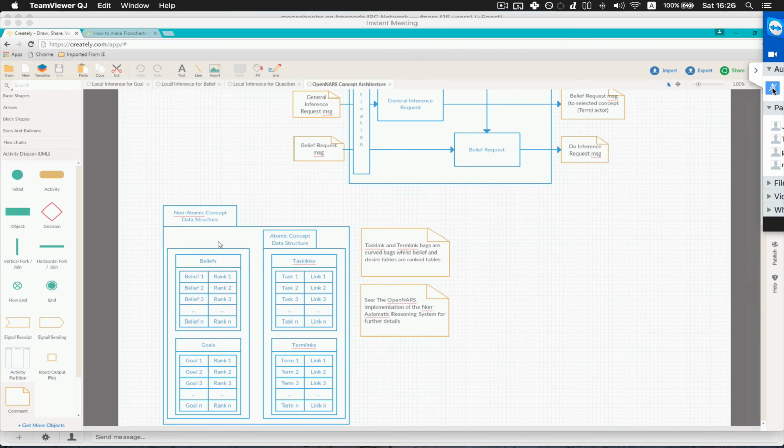Oh, I see. Yeah. So my definition that I'm using at the moment is that they don't have belief or goals or truth or desire tables. That makes them non-atomic. Otherwise, they're atomic. I see what you mean. You're thinking of it in terms of the concept or the term type, aren't you? Right. Okay. Yeah.